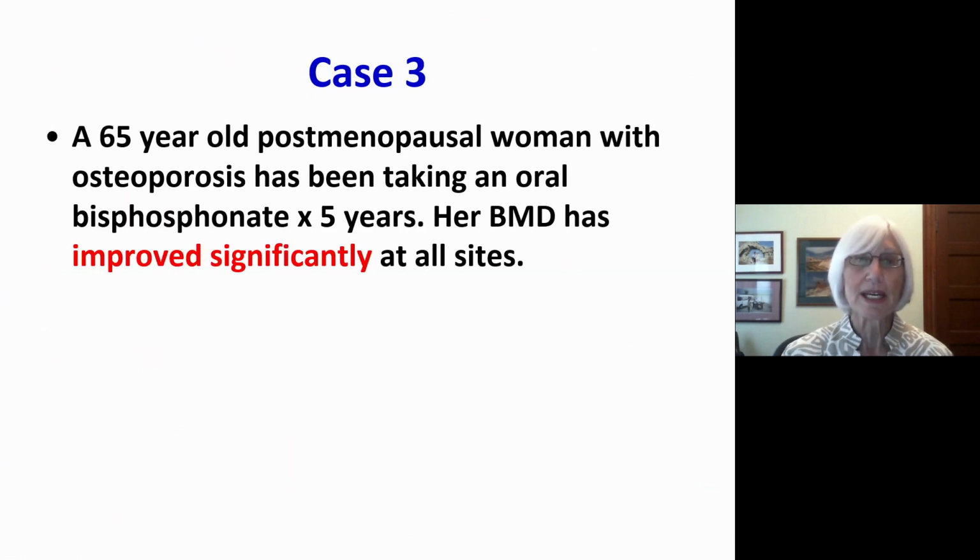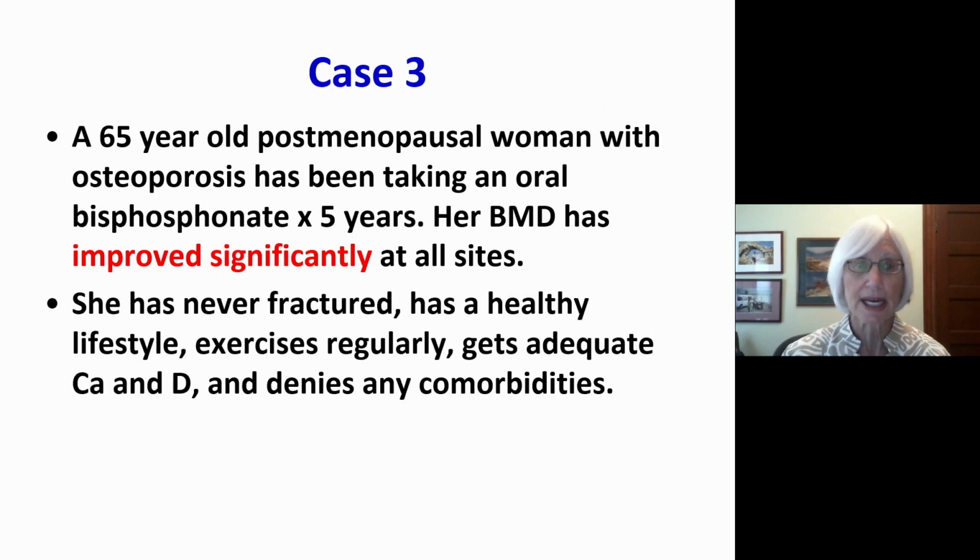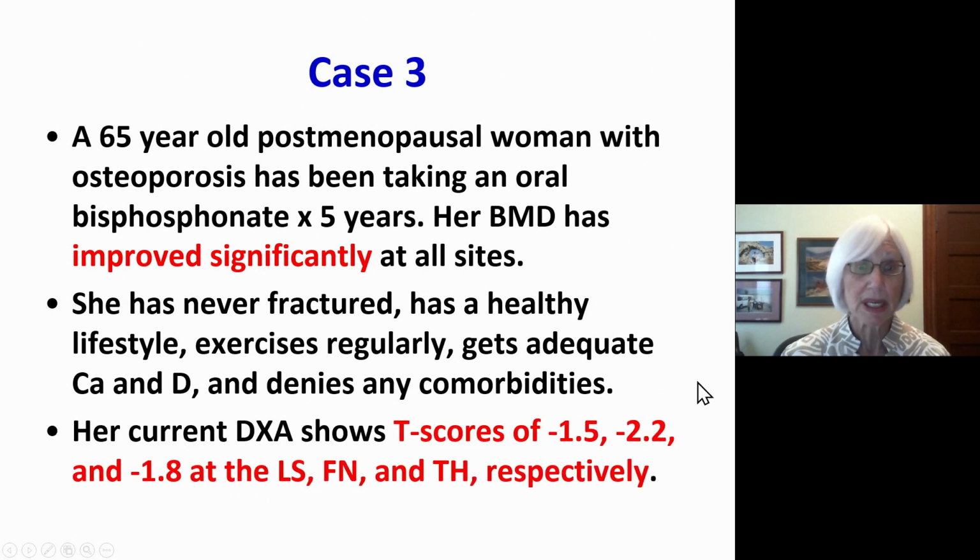Okay, case 3. This is a 65-year-old postmenopausal woman with osteoporosis who has been taking an oral bisphosphonate now for 5 years. She has done great. Her BMD has improved significantly at all sites. She has never fractured. She has a healthy lifestyle, exercises, gets adequate calcium and D, and has no serious comorbidities.